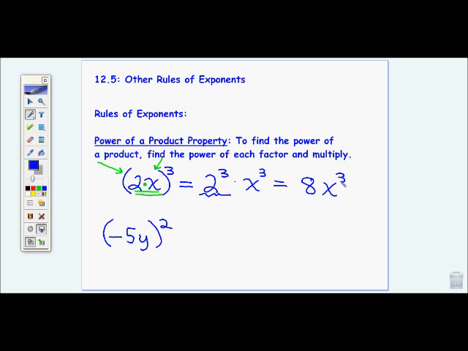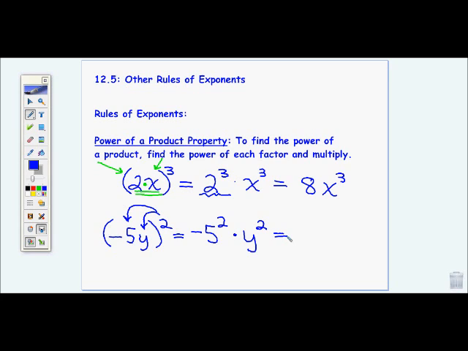So if we apply that same rule here, we would have that each term inside of here, this might be a better visual for some of you, more like a distributive kind of routine. So each term, I would have negative 5 squared times y squared. Again, the numerical value can go ahead and be simplified.